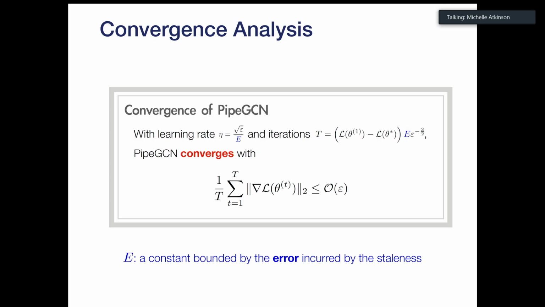And we also find that the convergence speed is related to a constant E. Here, constant E in our analysis is bounded by the error incurred by the staleness. So this theorem further motivates us to design a technique to reduce the error incurred by the staleness.